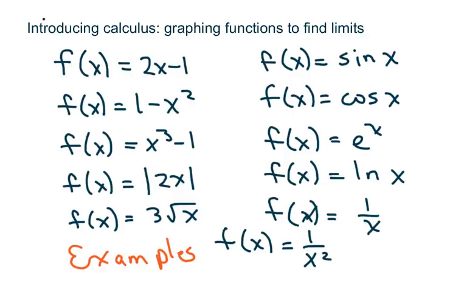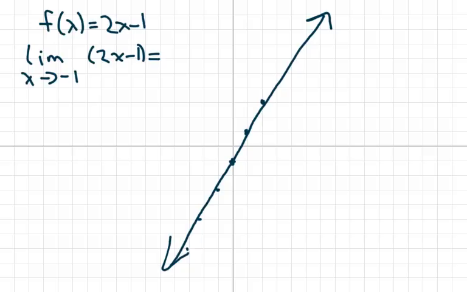So the first example we're going to do is a linear function, and we want to see what happens as we take the limit as x approaches -1 of this linear function, 2x minus 1. So here it is, and what we're doing is we're looking at x at -1 here. And we're approaching x as x approaches -1 from both the left and the right. So from the left as we go to -1, and from the right as we go to -1.